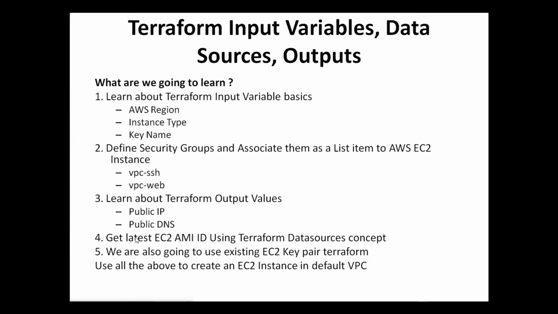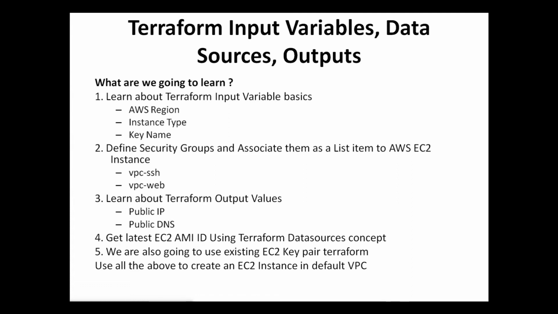And we are also going to create a new data source to get the EC2 AMI ID using the Terraform data sources concept. We will also use the existing key pair terraform, which we already saw in our previous session. We will be using all these five items to create an EC2 instance in a default VPC. So this is what we are going to do end to end as part of this session.